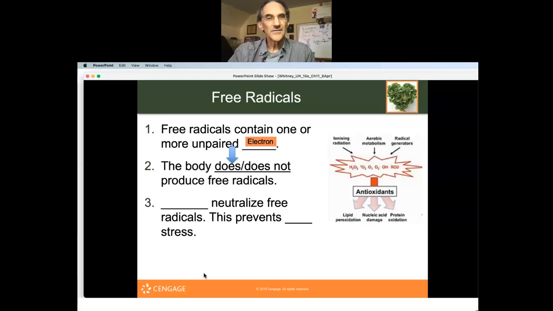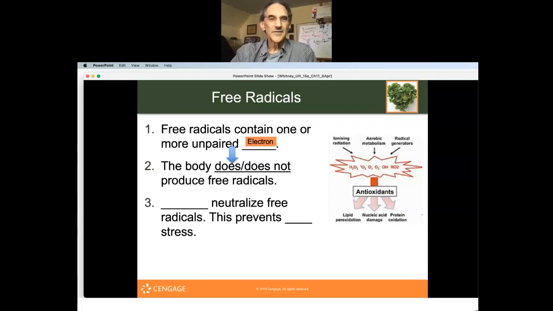In some cases, free radicals are needed. Sometimes our body produces free radicals to combat something or another, for example, to battle certain intruders into the body, or in some cases, cancers.